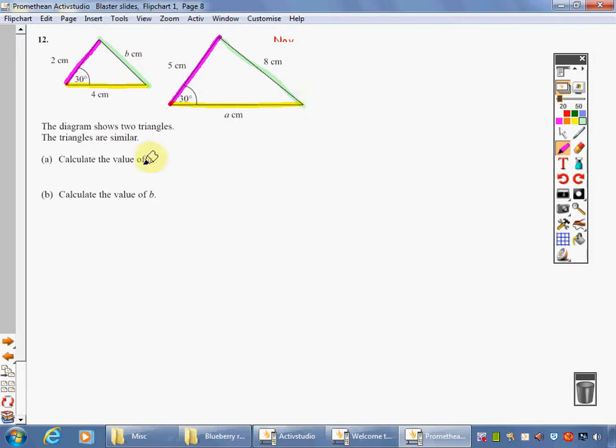I've been asked to calculate the value of A. The first thing I'm going to do is write down some equivalent fractions about these sides. And I'm going to try and stick to doing that in pink and green in the same colours. You could just do this in the exam and highlight the bits if you like. Now I've said that, I'm going to change my mind and do it exactly as you would in the exam.